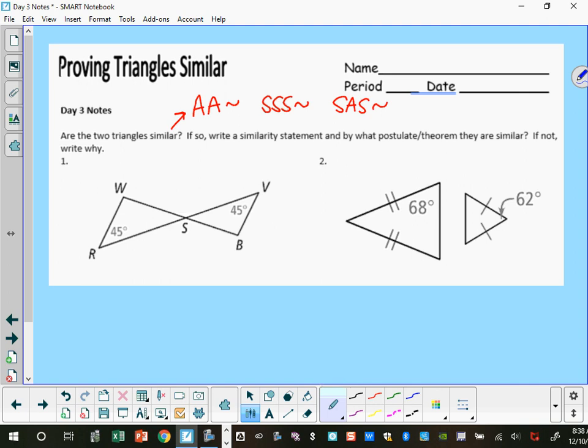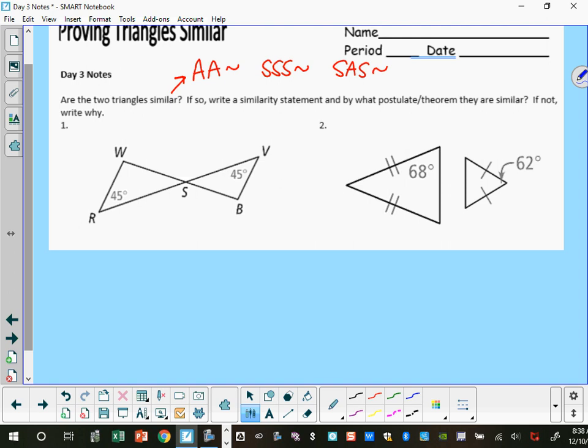Take a look at number one. They told me that angle R is 45 degrees. What is angle R going to be congruent to? Angle V, that is also 45 degrees. So if these are alternate interior angles that are congruent, what do we know about angle S? Yeah, good.